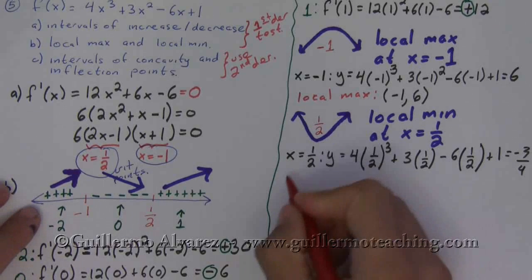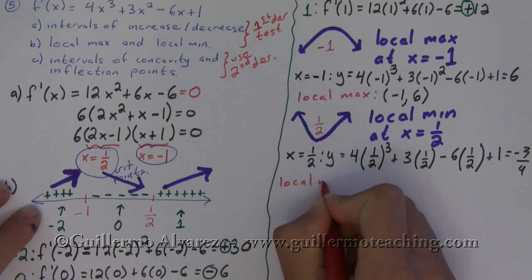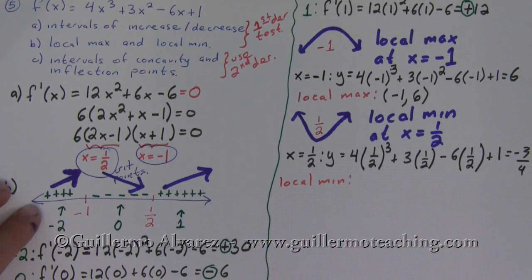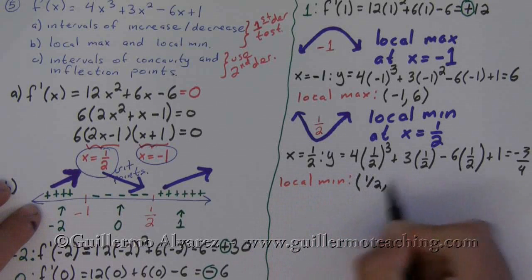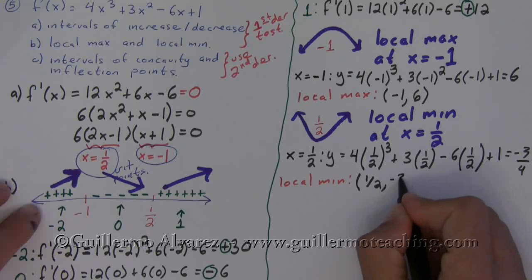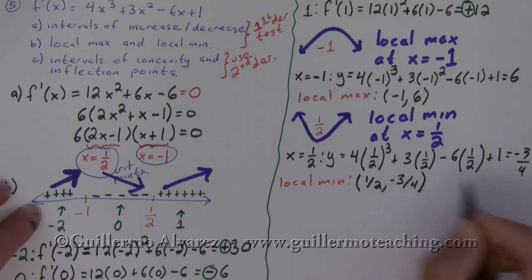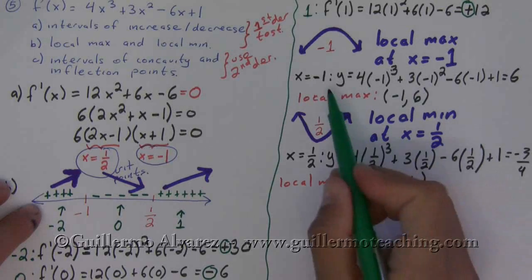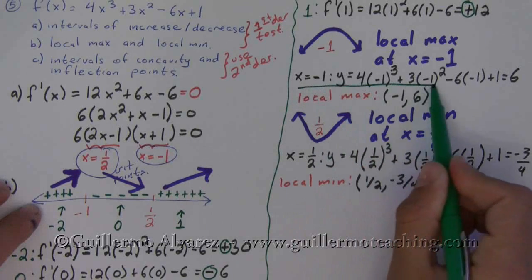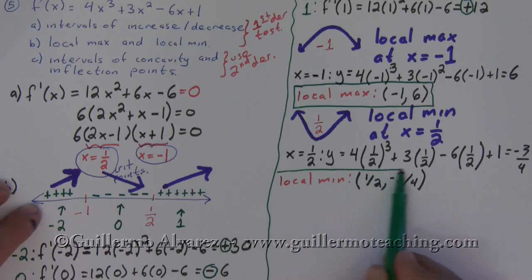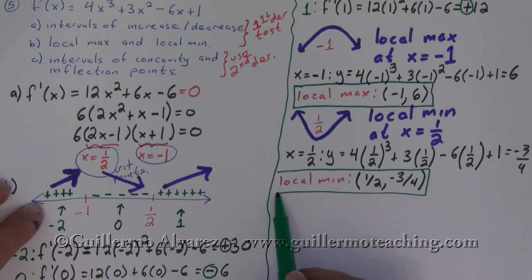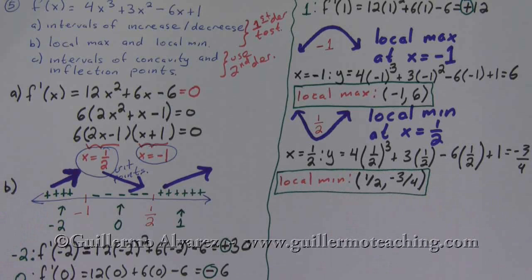So this means I have a local minimum at the point 1/2, -3/4. So this answers part B of the question, the local maximums and the local minimums.